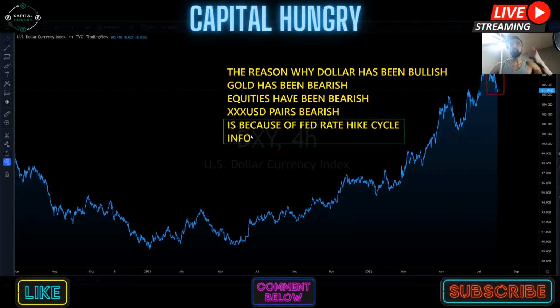So if the Fed rate hike cycle information, the July expectations, the 75 basis point rate hike, if that's been priced in, and we're also having weakening US economic data in the short term, what you're going to see happen is pullbacks on stock market, pullbacks on gold, pullbacks on GU and EURUSD following the inverse of this information. Does that make sense to everybody?